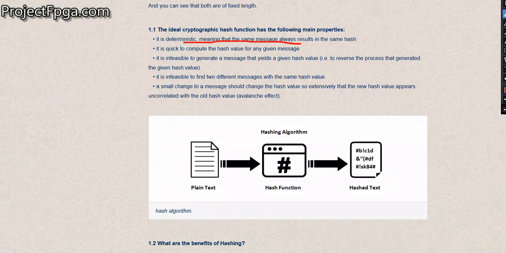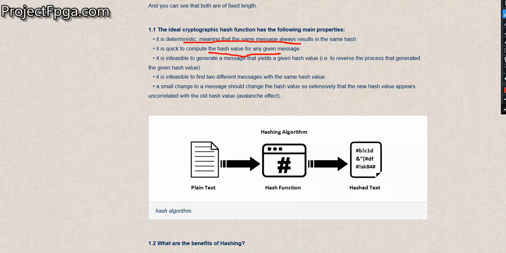So no matter whether you're writing it in Java, in Python, or explaining it in Verilog or VHDL, with the same hashing algorithm you are still going to get the same result for the same hash. It's quick to compute. That is one of the properties of a very good hashing algorithm.